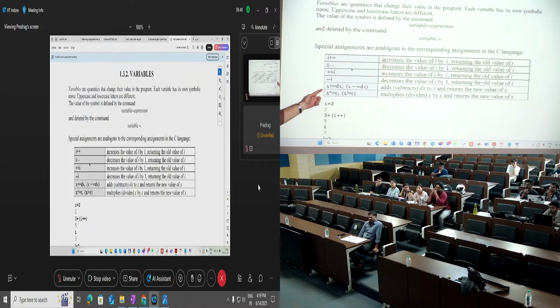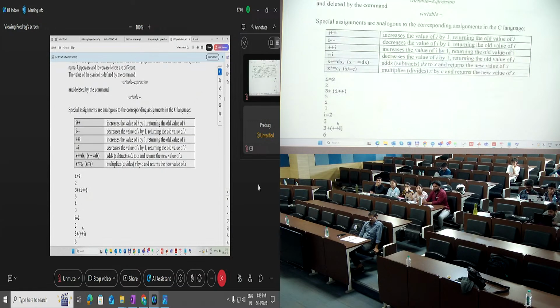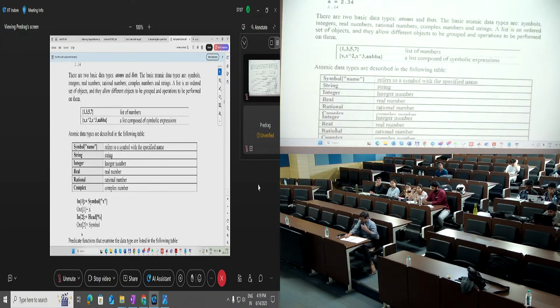Plus equal, I think all familiar with C++ programming can recognize. Then several examples which I had for my students: 3 plus I plus plus, or 3 plus plus I. Typical questions.